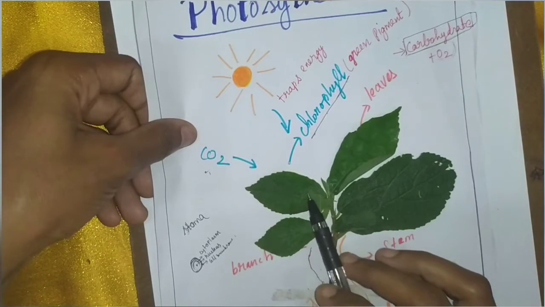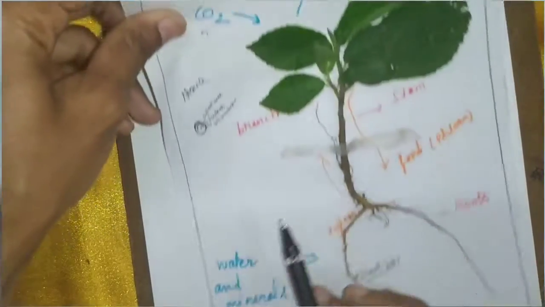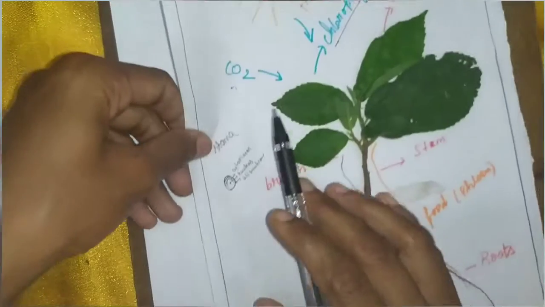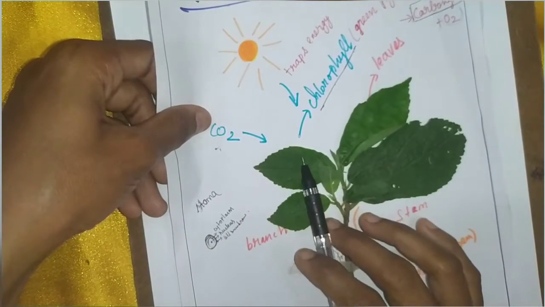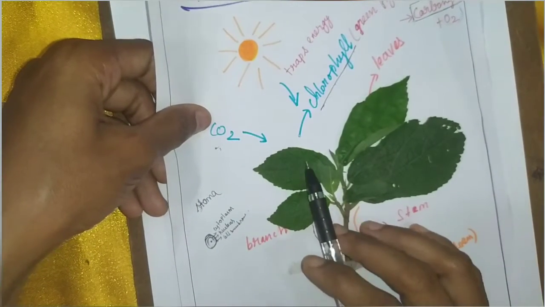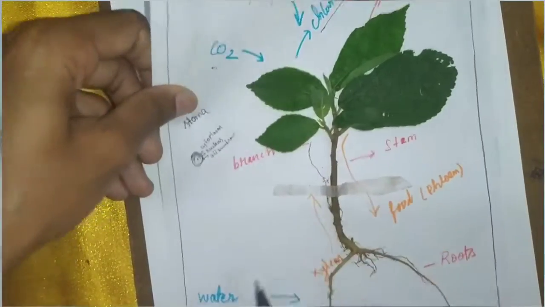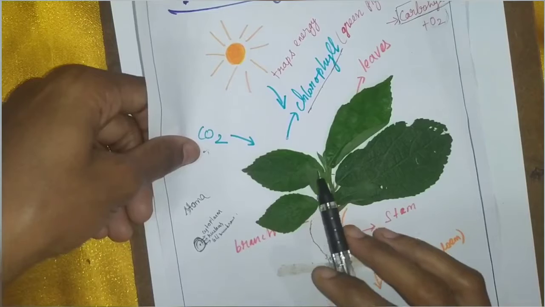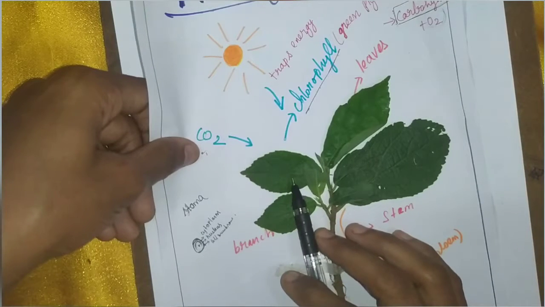Here they are preparing their food and it uses carbon dioxide, water and minerals. So all these materials should reach the leaf because here they are preparing their food, no? Just remember the kitchen in our home.